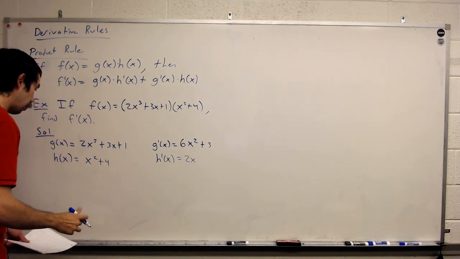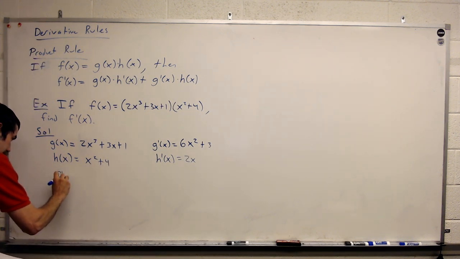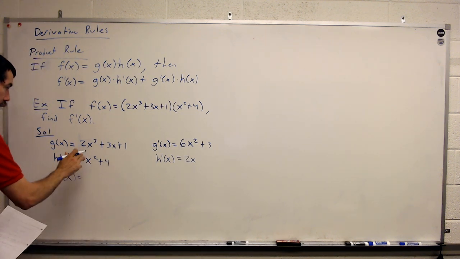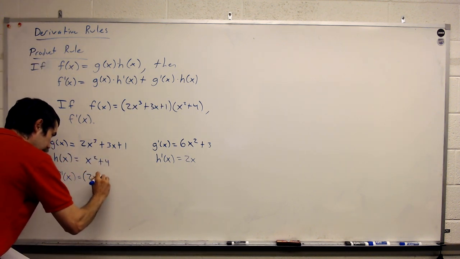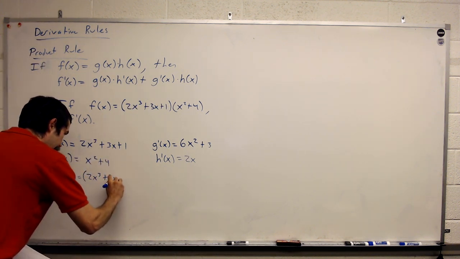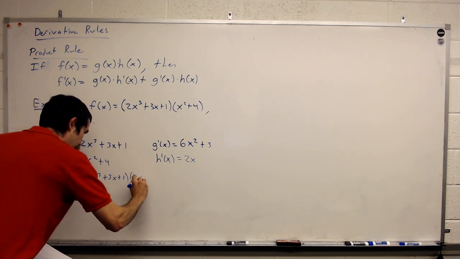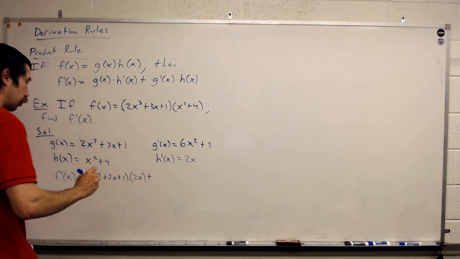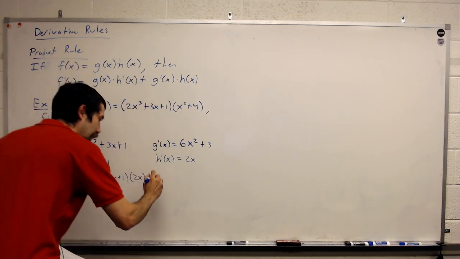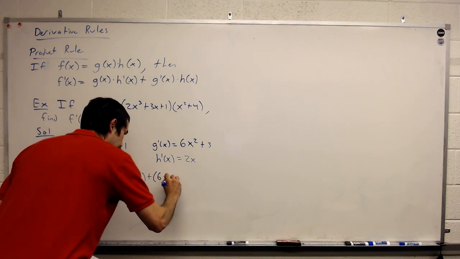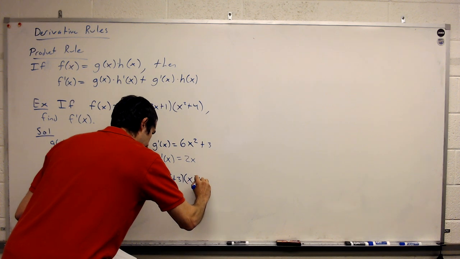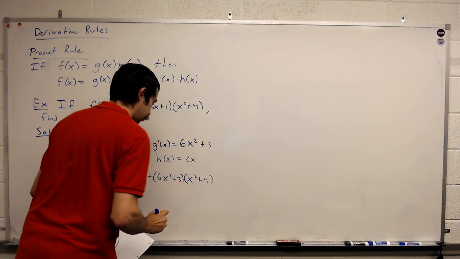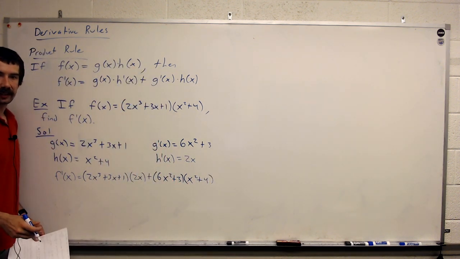And now we know that the derivative is equal to g times h prime plus g prime times h. All right, and you can just leave it like this.